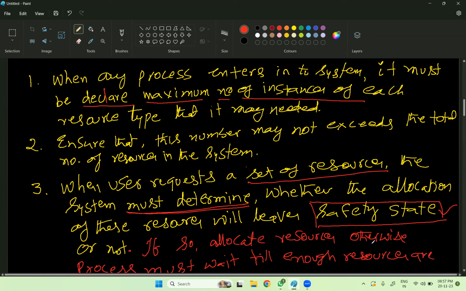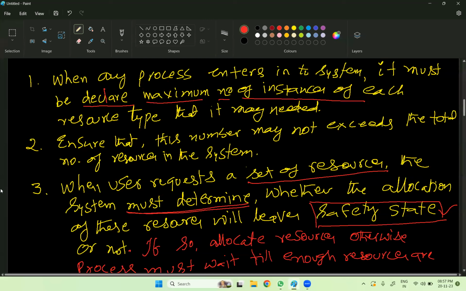And the operating system also ensures that this number does not exceed the resources available of the particular resource type in the system. So that must be done here.